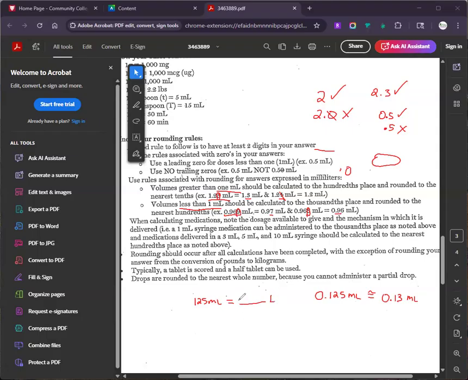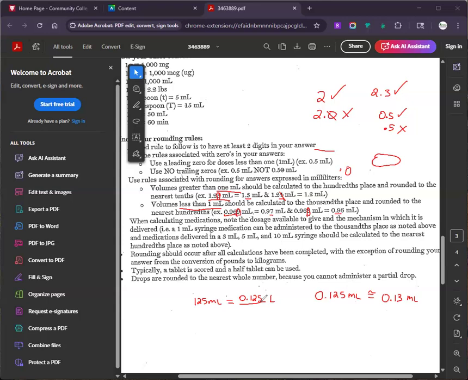Now, I'll explain how to do this a little bit later on, but the answer would be 0.125 liters. If we're just doing a basic unit to unit conversion like this, going from 125 ml to 0.125 liters, do not round that. Do not round your basic unit to unit conversions.